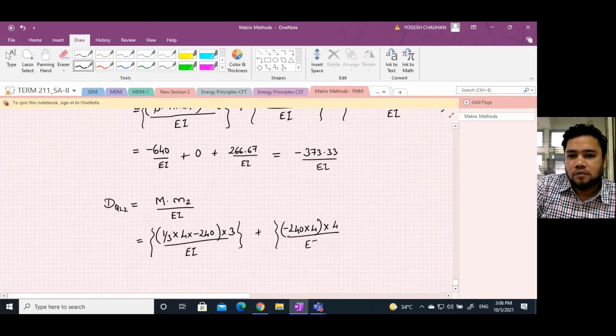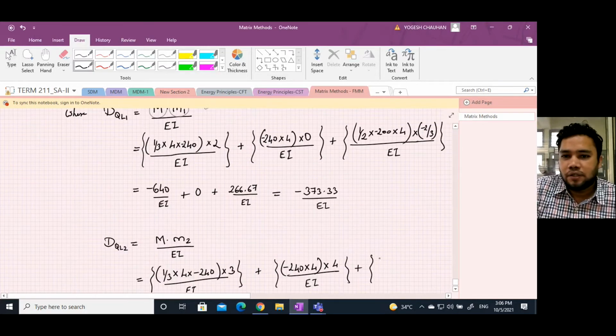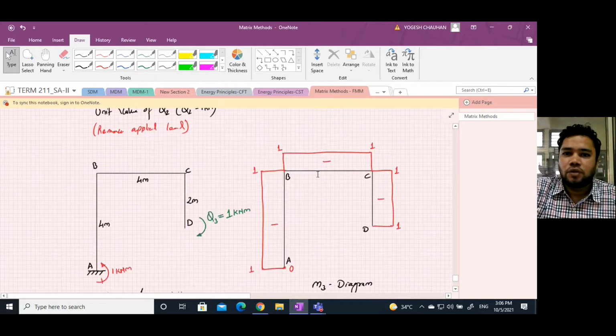Divided by EI, plus the third part, the triangle part, that is 1 by 2, base is minus 200, height is 4, multiplied by the corresponding ordinate in M2 diagram.